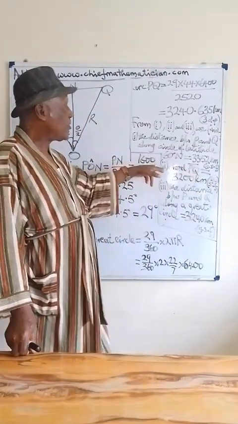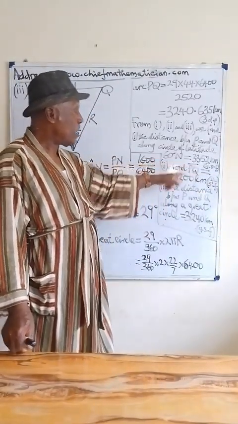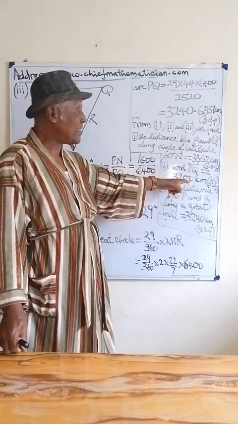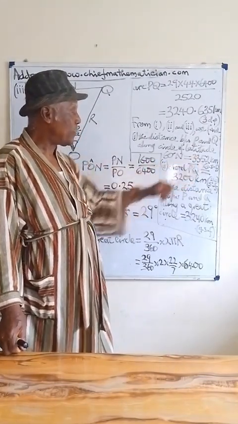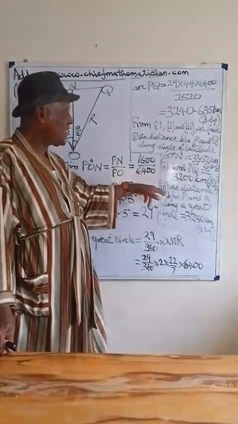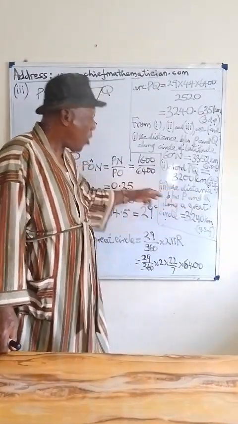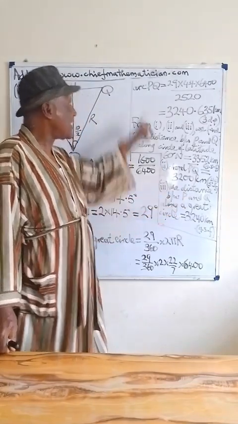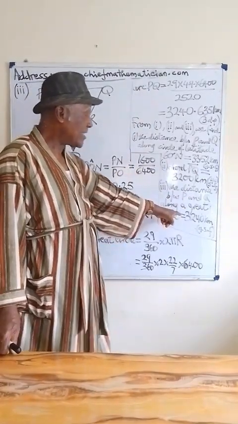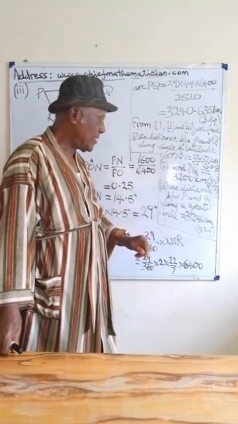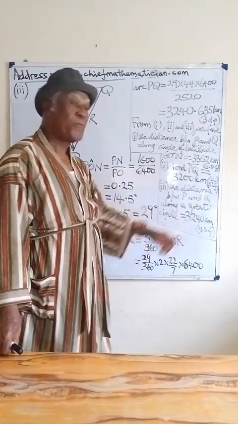The length of the chord PQ is equal to 3,200 kilometers. Again, 4 significant figures. And the distance between P and Q along a great circle, that is this arc PQ, is 3,240 kilometers, correct to 4 significant figures.